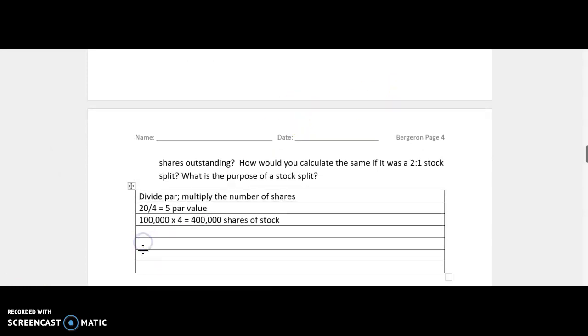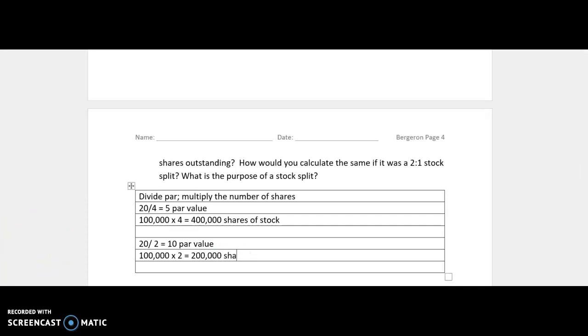So this time you're going to do 20 divided by 2, and that would give you 10 for your par value. And then you would do 100,000 and you would times that by 2. So you would get 200,000.